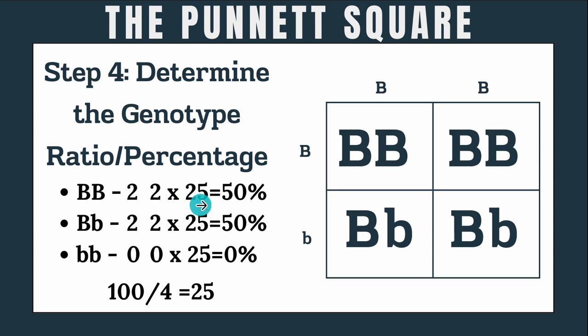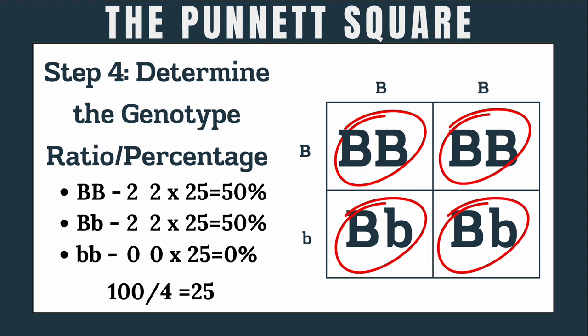So 2 times 25 equals 50%. So you can see half of them are homozygous dominant. Again, 2 times 25 is 50%. Half of them are heterozygous. 0 times 25 is 0%. None of them at all are homozygous recessive. So you can see there, 50% and 50%.